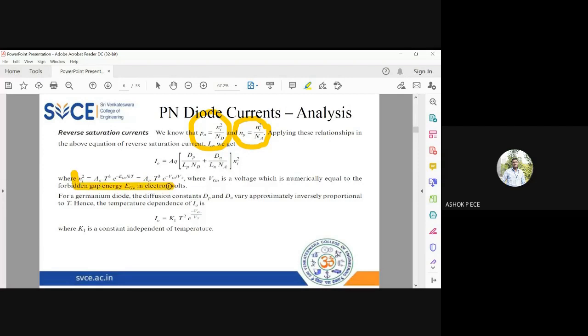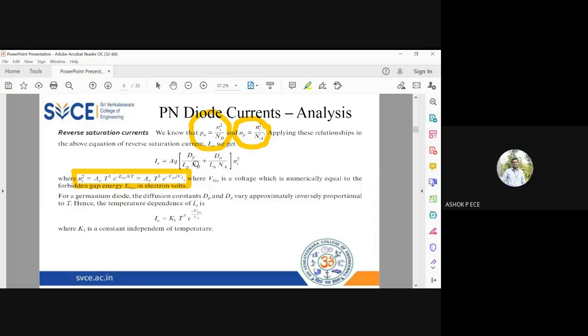And you know, ni square is the intrinsic concentration of the semiconductor, which is given by this formula. So I can write I naught as all these constants multiplied by A naught T cube e power minus Vg naught by Vt. Again, all this I can simplify. And one more thing, Dp and Dn vary inversely with temperature.